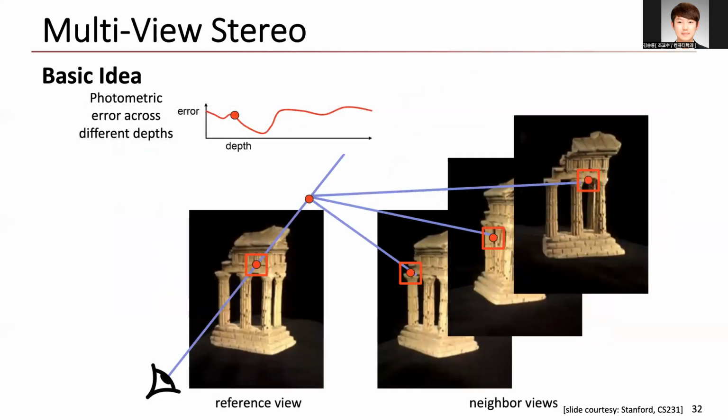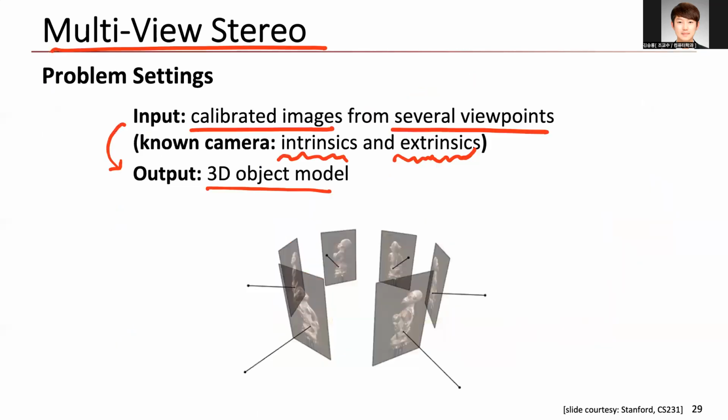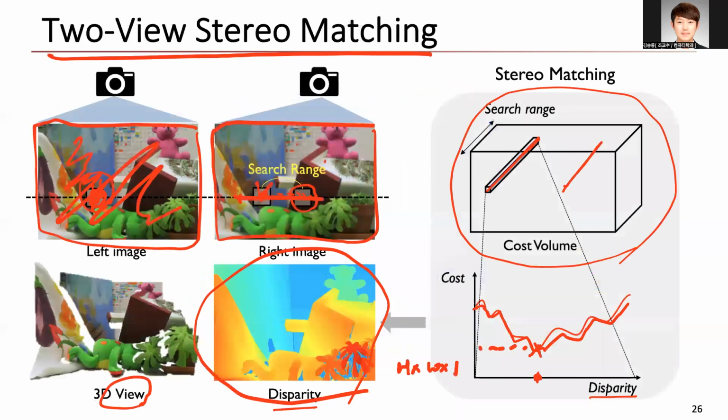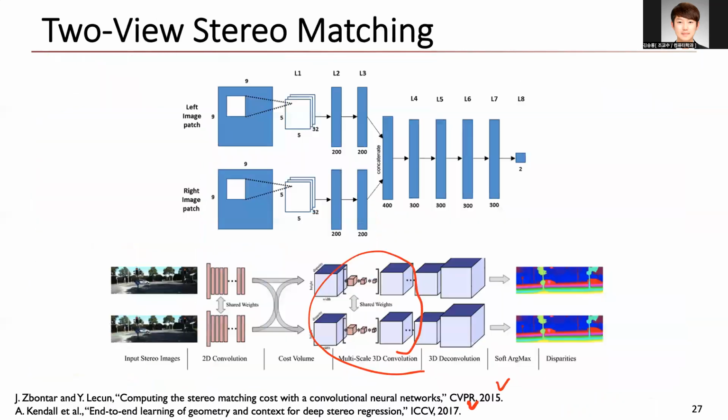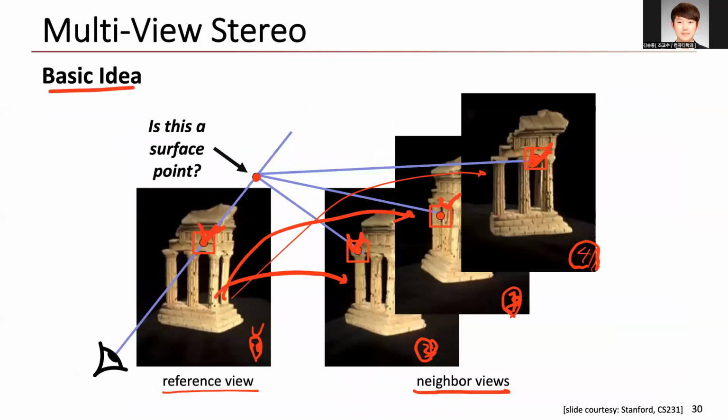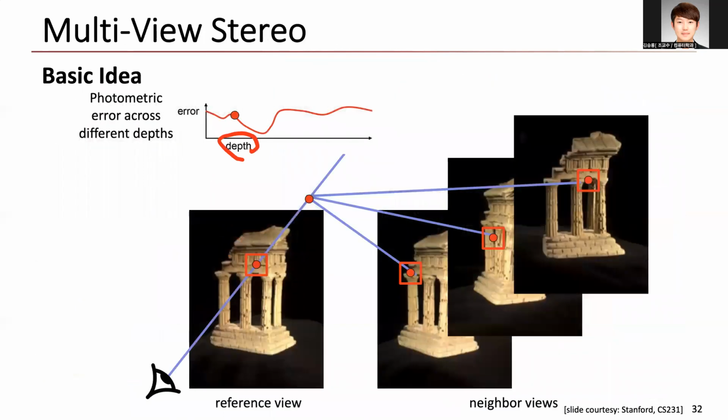So similar to stereo matching, by increasing the depth or the disparity in stereo matching, it was the search range, but in multi-view stereo we generally say depth, right? And by increasing the depth, we can measure the similarity or the cost at this pixel.